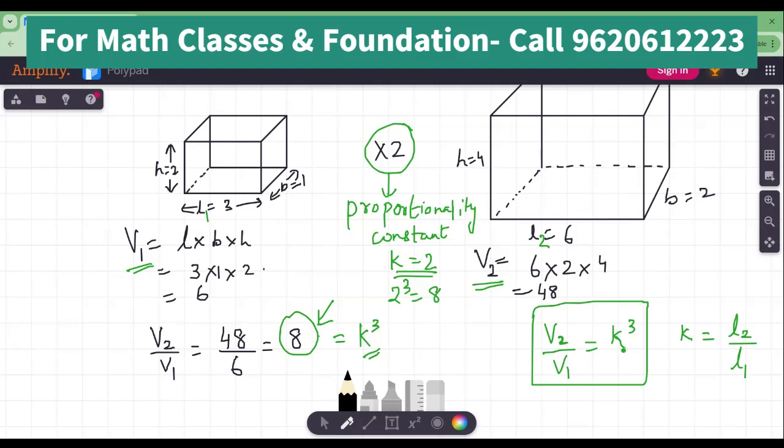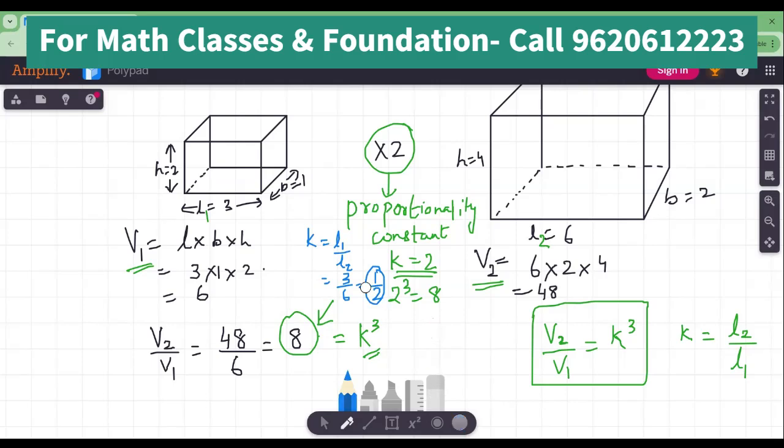So this is very important to note. If, instead of L2 by L1, you take K as L1 by L2, that means 3 divided by 6, which is 1 by 2. Then if you say 1 by 2 cubed and 8, it is not correct.